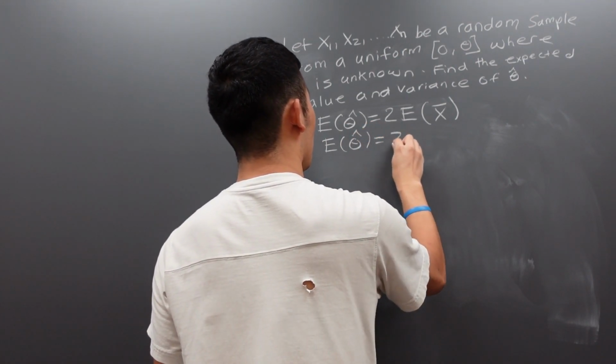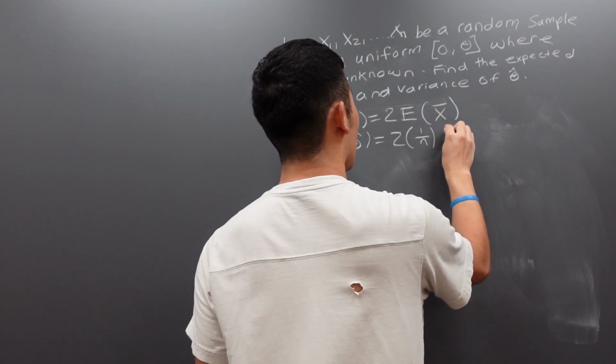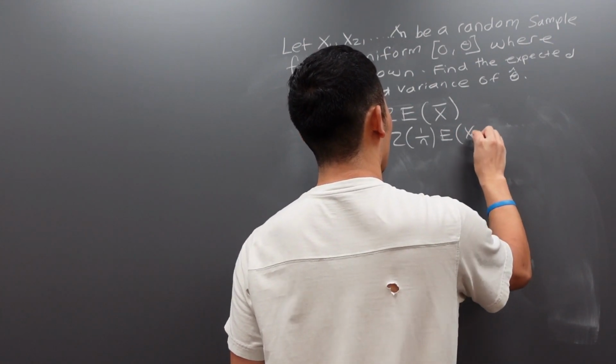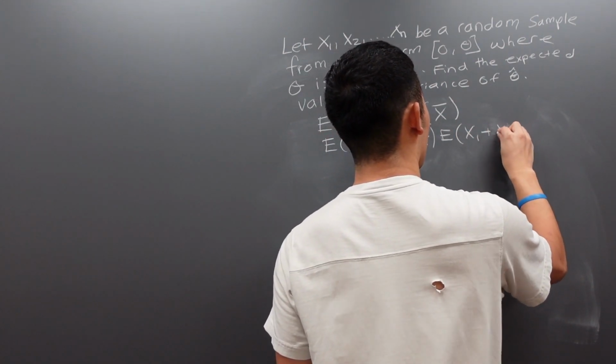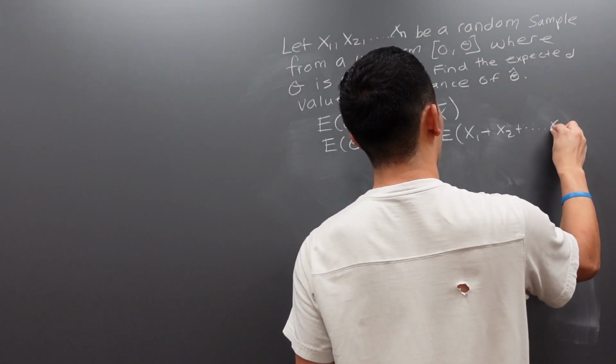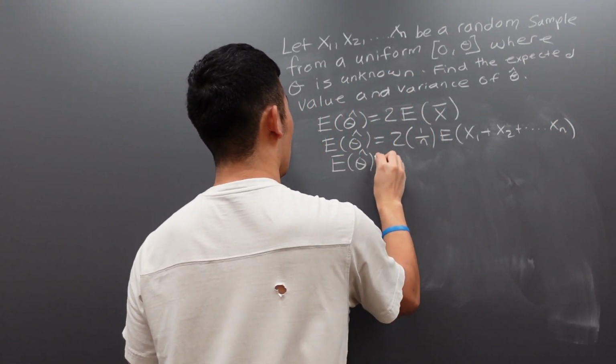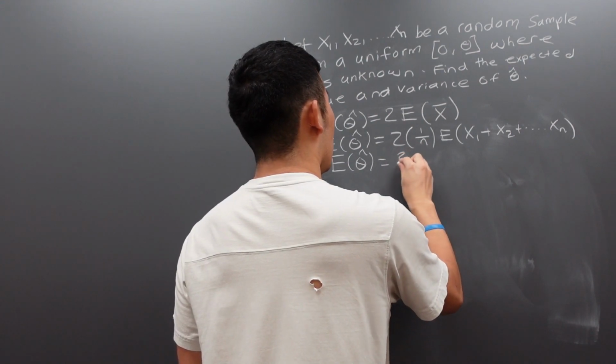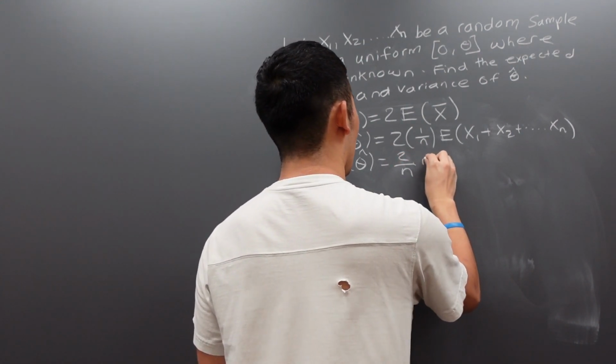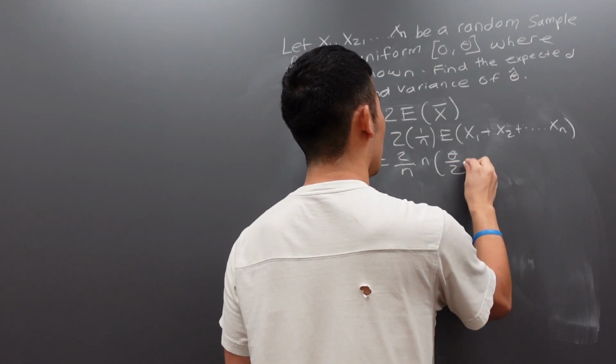E of theta hat is equal to 2 times 1 over n times E of X1 plus X2 plus all the way to Xn. You see that E, the expected value of theta hat, is equal to 2 over n times n over theta over 2.